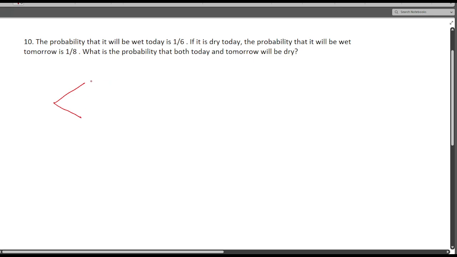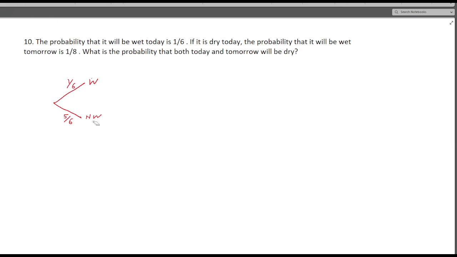So the probability that it will be wet, this is for today, is going to be 1 by 6, and not wet is going to be 5 by 6. Then they said that if it is dry today, means not wet. Okay, better I write dry, D.